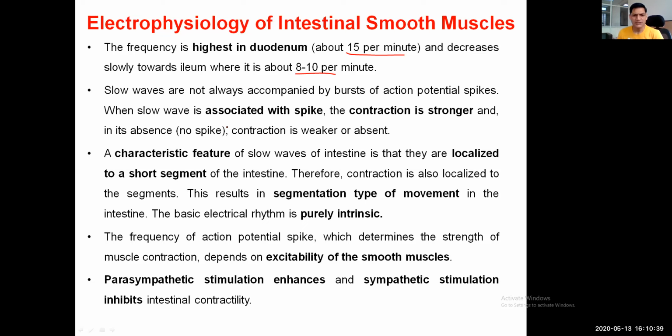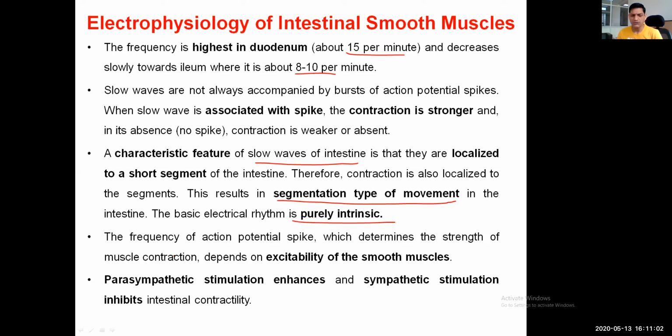The characteristic feature of the slow wave of the intestine is that it is localized to a short segment. They are localized so that the segmentation movements can be seen. The contraction is also localized. This results in segmentation type of movements, which is purely intrinsic.